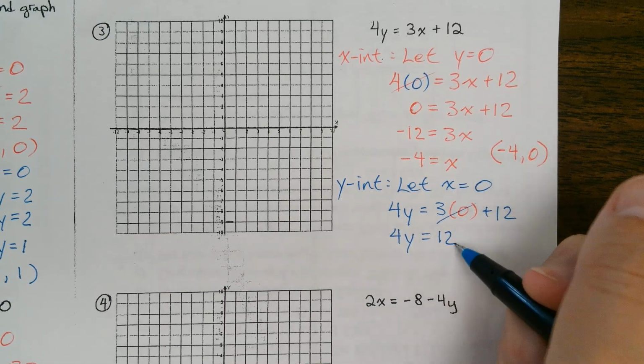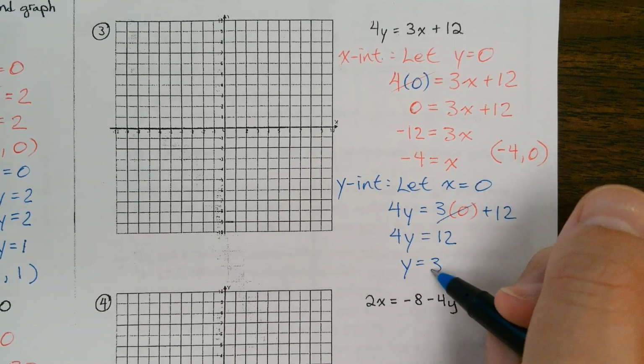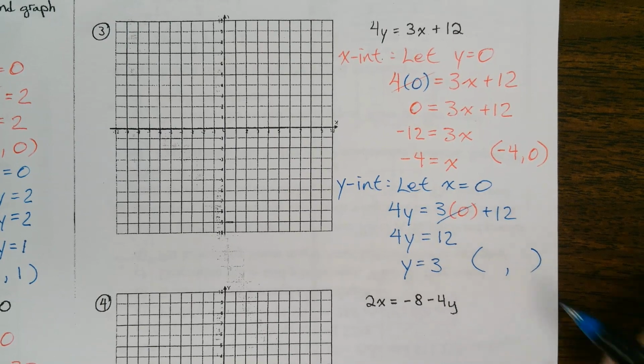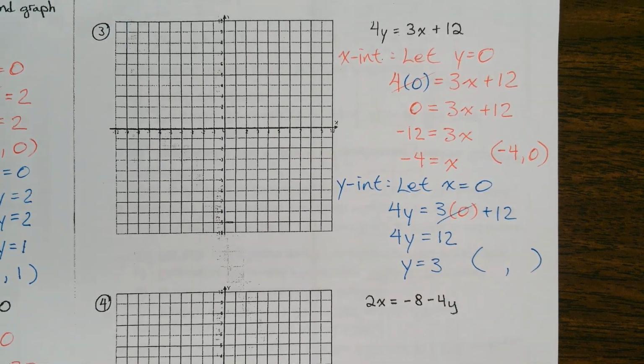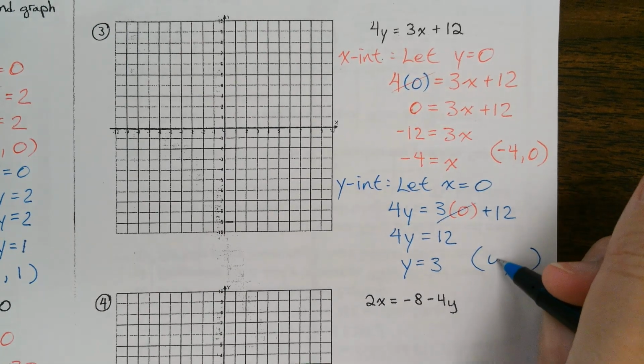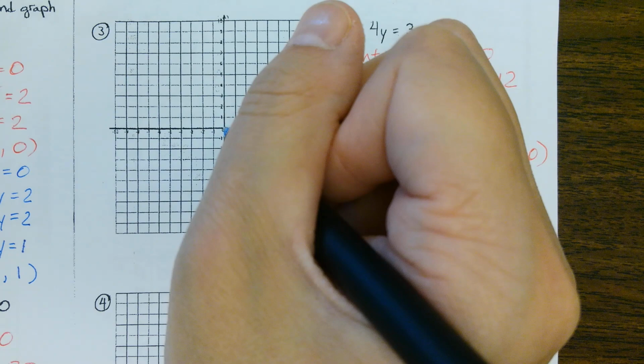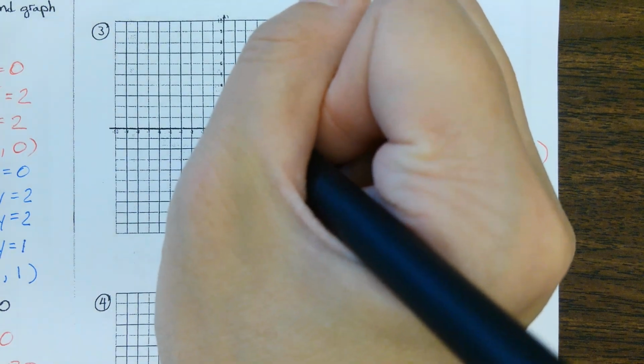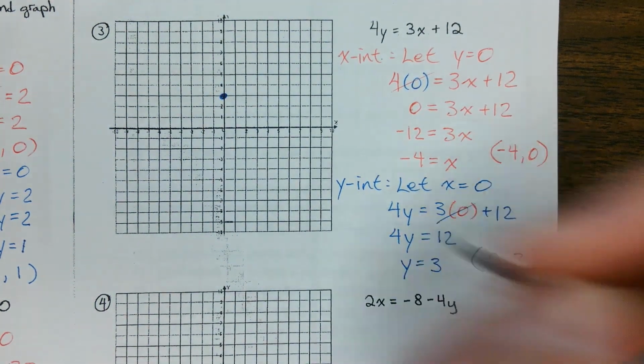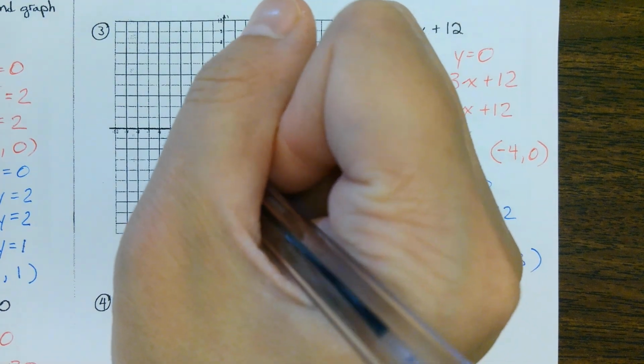So 4y equals 12, y equals 3. So what's this point as a coordinate? 0, 3. Good job. Okay, so 0, 3. And -4, 0. 1, 2, 3, 4.